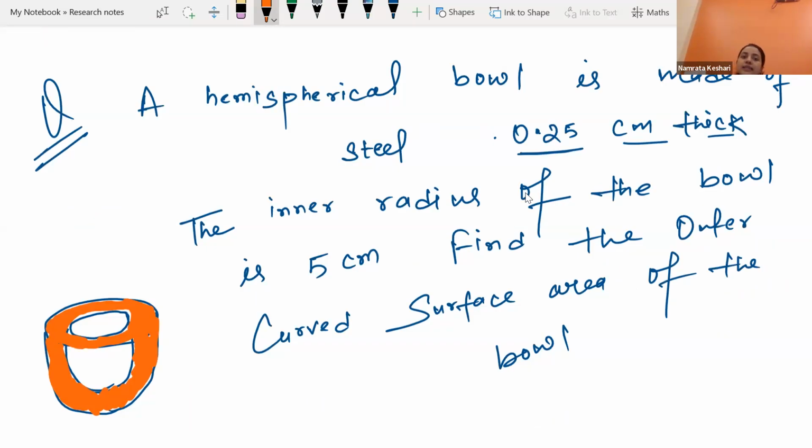So here it says that it has thickness 0.25. The inner radius of the bowl is 5 centimeters. See, the inner radius is 5 centimeter, from here to here, this much is only 5 centimeter. Find the outer curved surface area. Can you tell me how we'll be finding the outer curved surface area?